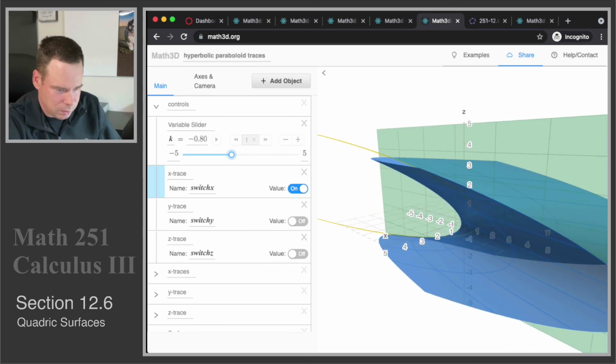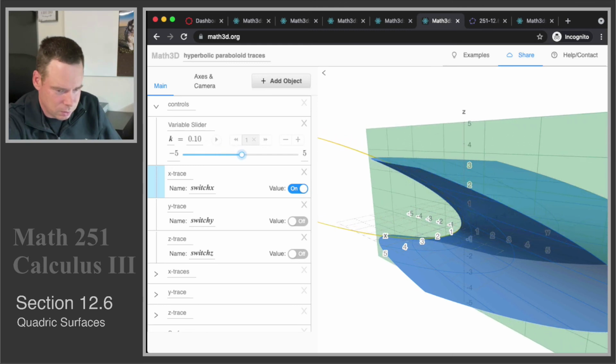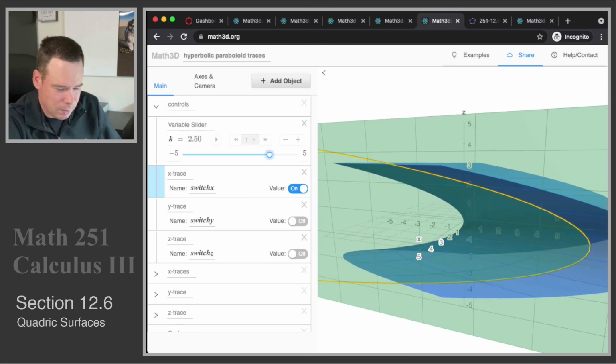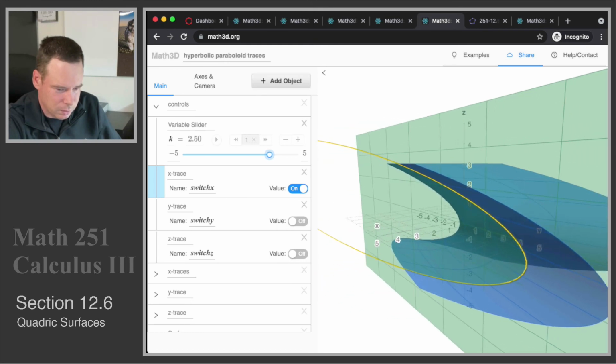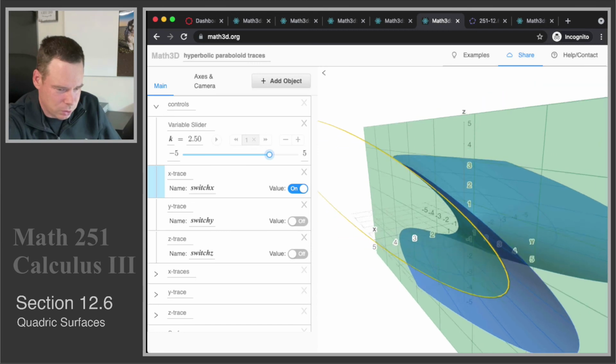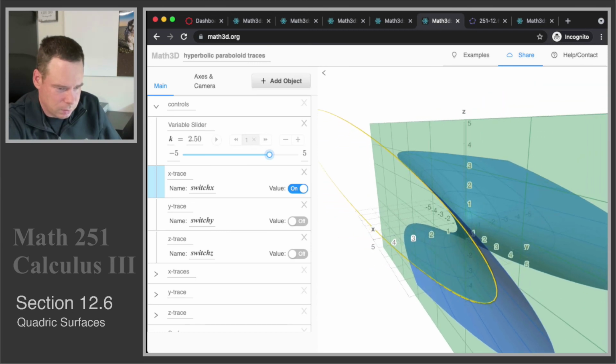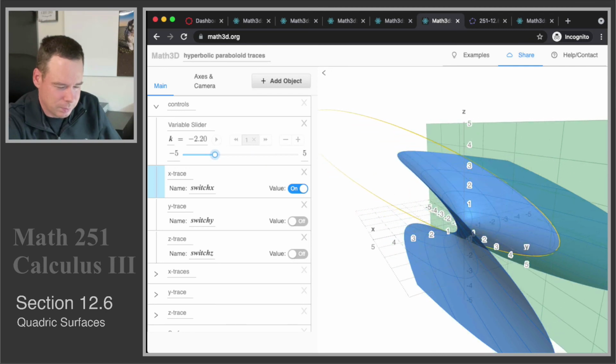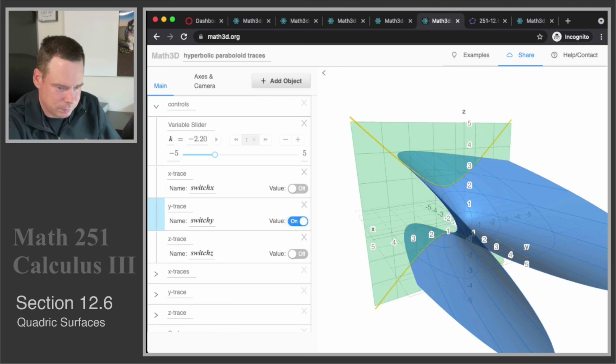And if I look at that yellow curve as I let it sweep along, that's the parabola we're getting. So a parabola in one of the directions. Now let's take a different slice. So now I will slice it in the y direction.